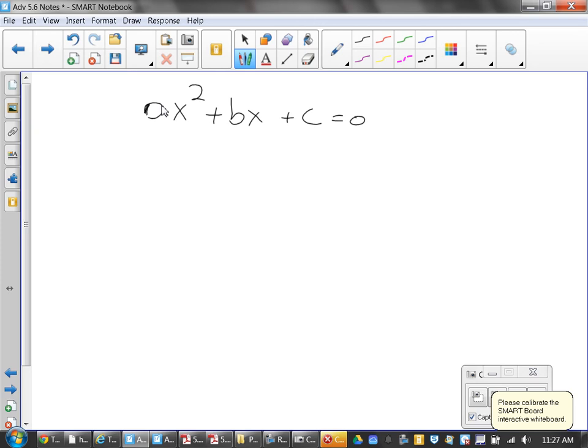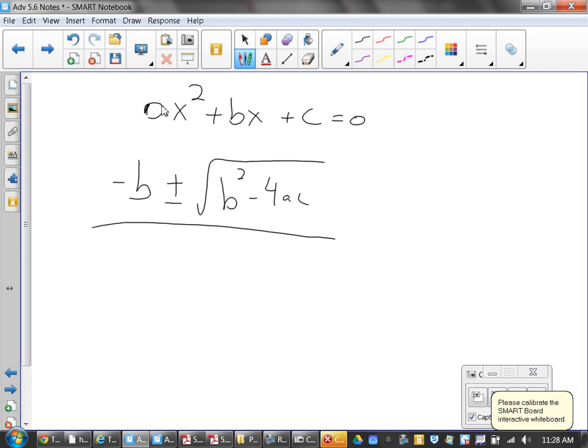Now, with the quadratic formula, all you're doing is plucking coefficients. Remember, x equals negative b plus or minus the square root of b squared minus 4ac, all over 2a. Just don't punch it all into your calculator at once and you're going to be fine.